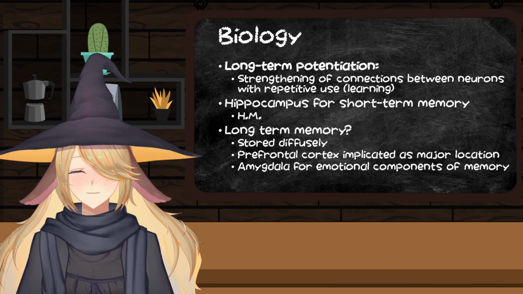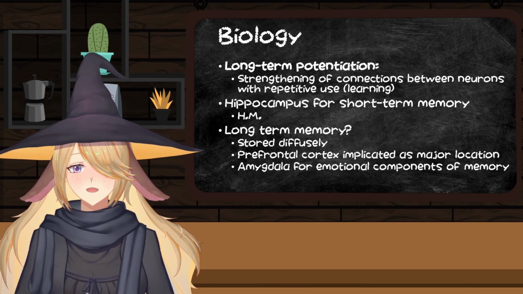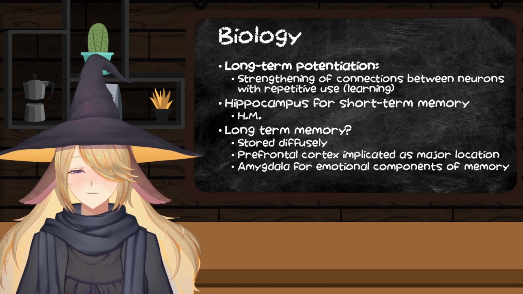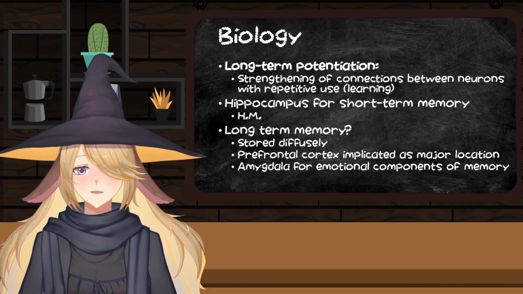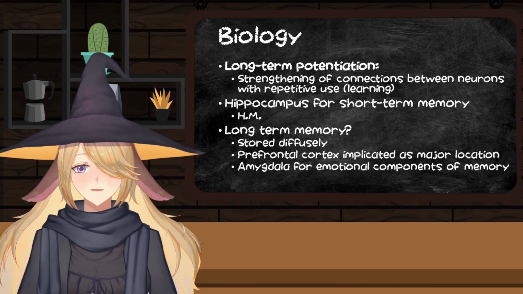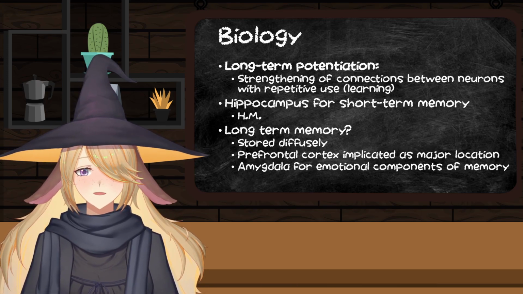The whole plot of 50 First Dates is actually based on a real medical case study of a patient who was unable to make new memories. Every day, his short-term memory would just wipe once he stopped thinking about information, and he would basically default back into the point he was at prior to the injury.